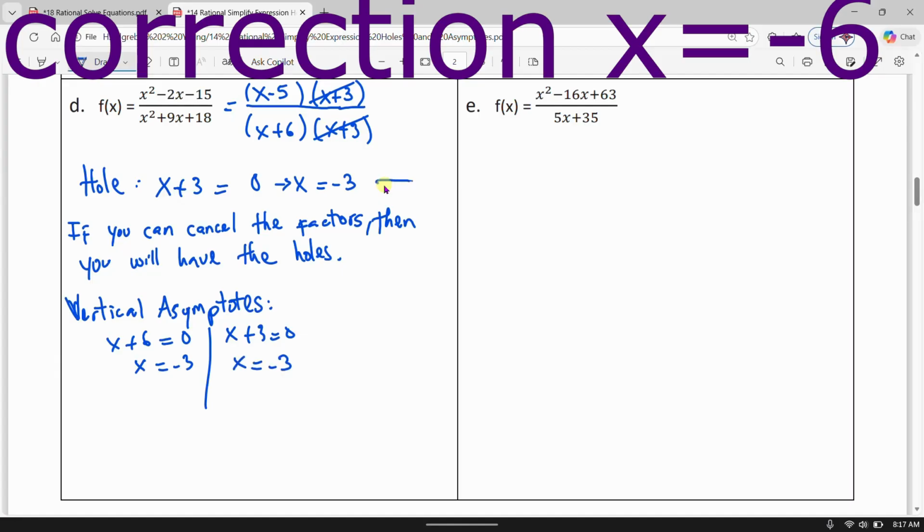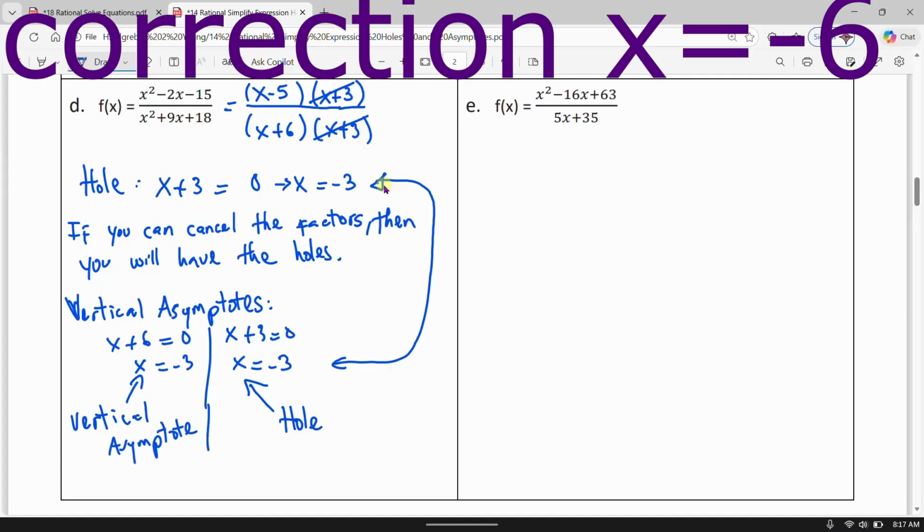But now the hole is over here, and the vertical asymptote is there. So this would turn into the hole, and this is still going to be the vertical asymptote. So instead of two vertical asymptotes, one of the vertical asymptotes has turned into a hole.